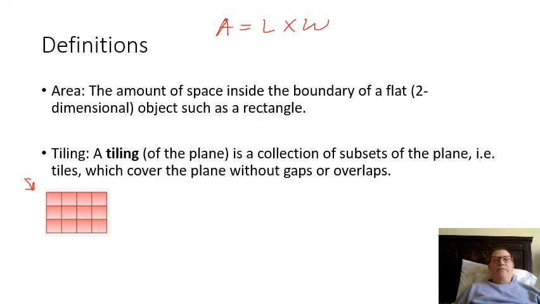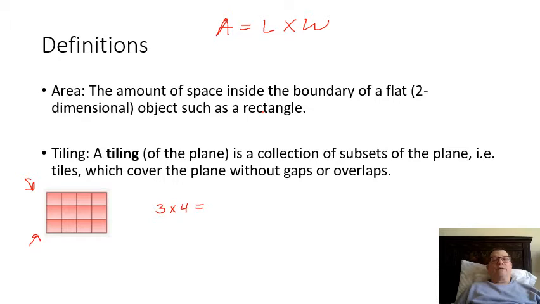Now, tiling is a collection of subsets of a plane. In other words, like these different squares that are in this rectangle down below, those are subsets of a plane. And they are also tiles. And what we've done is we've tiled that with no gaps in between, no overlaps. And we can see this is a 3 by a 4.